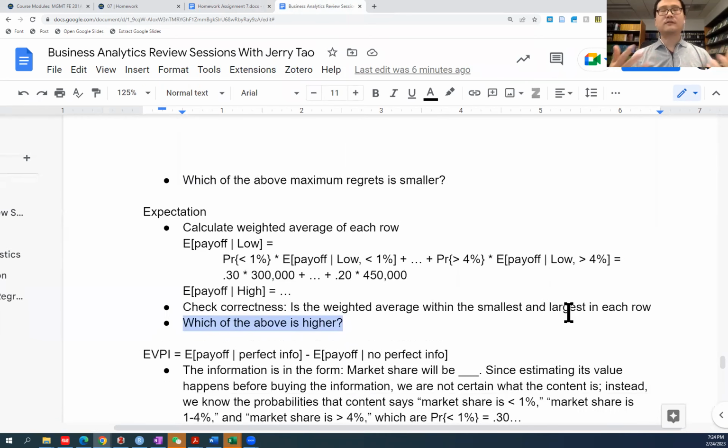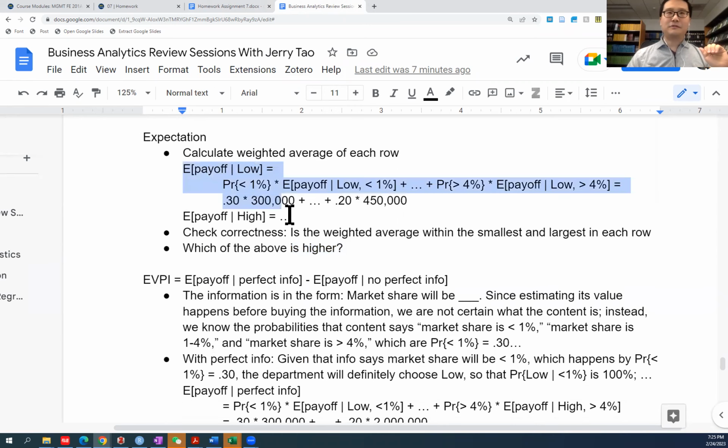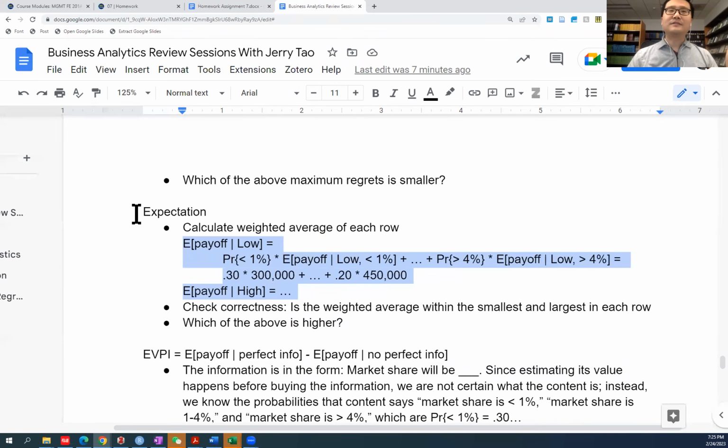So here, I think what's critical for the correct approach is that we have to choose the correct anchor point. This anchor point is not the lowest expected payoff. It's actually the higher between these two. So at this stage, when we calculated the expected value of payoff, if we chose low or high, we do not have any further information about the market share, correct?